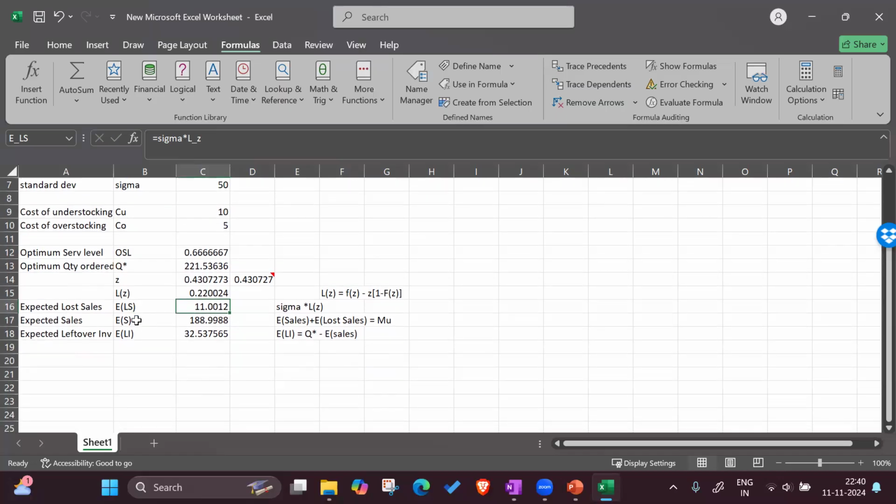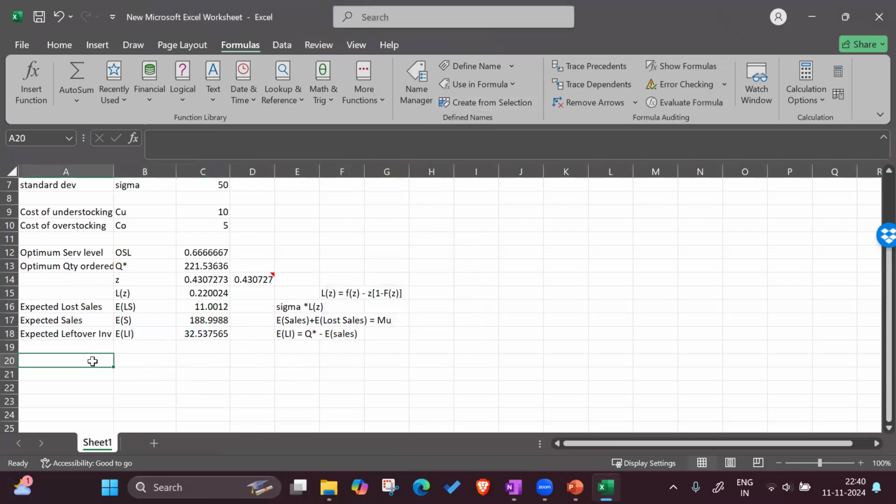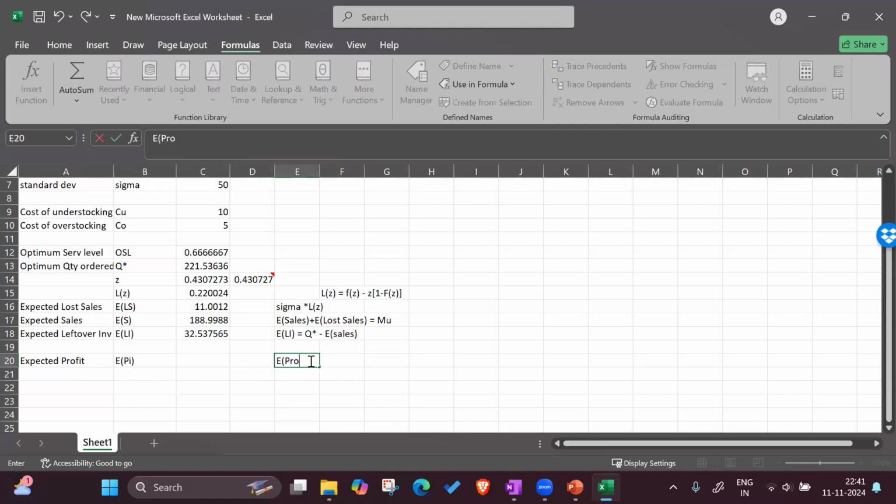Now we have expected lost sales and expected leftover inventory, all of this we have. The next thing that I can calculate is the expected profit. Profit is nothing but, let's do the formula over here, equal to Cu into expected sales minus Co into expected leftover inventory.